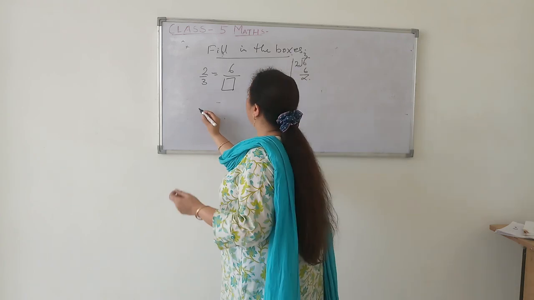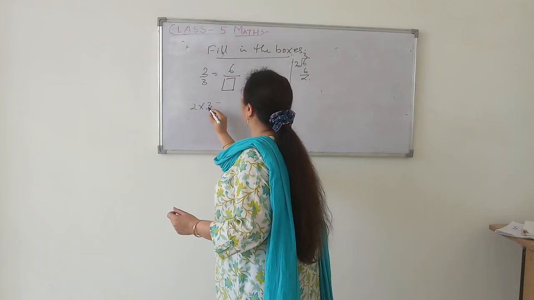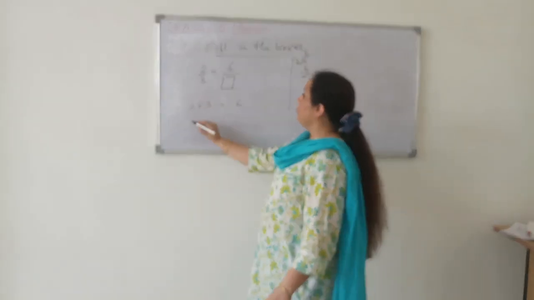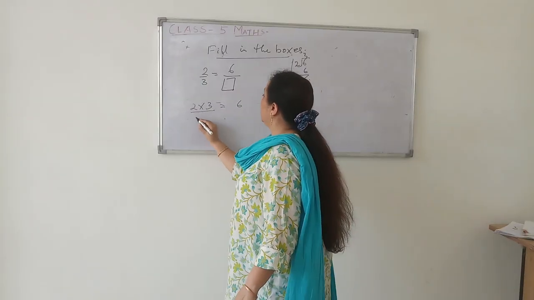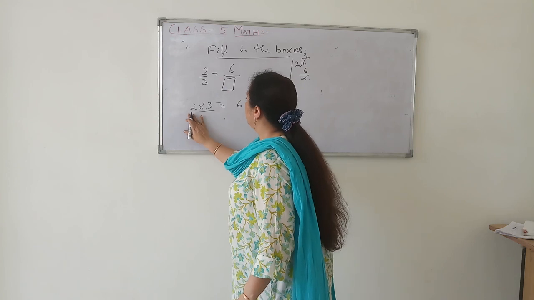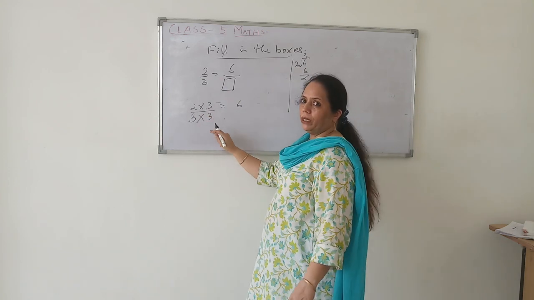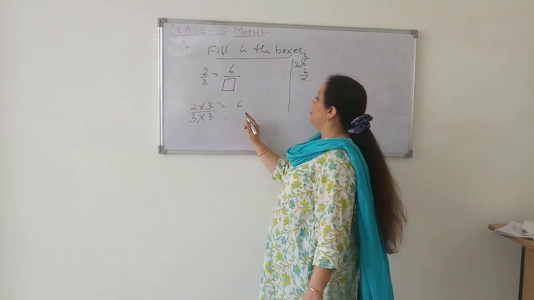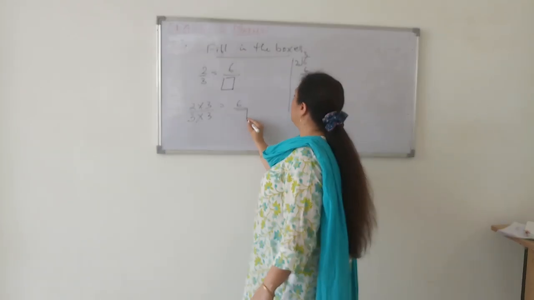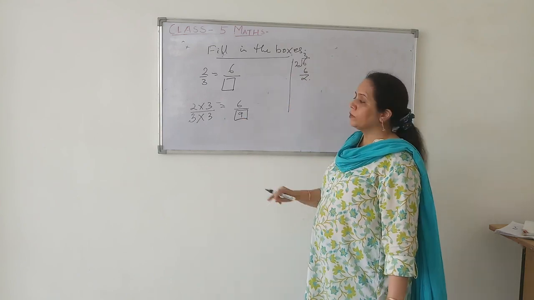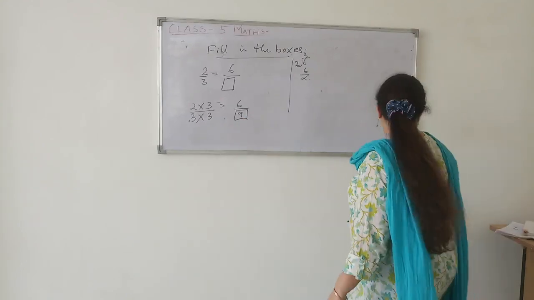Now that means that we are multiplying it by 3 and we are getting 6. To make it an equivalent fraction, we will multiply both numerator and denominator by the same number. So here we will get 9. And that will be your answer. So this is the way we will do it.